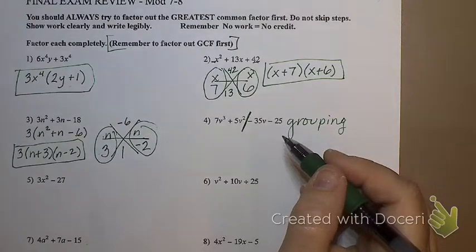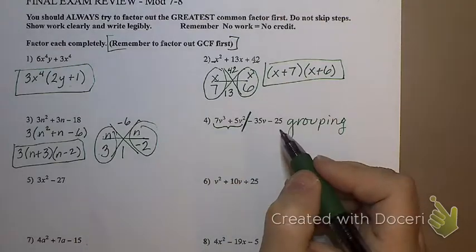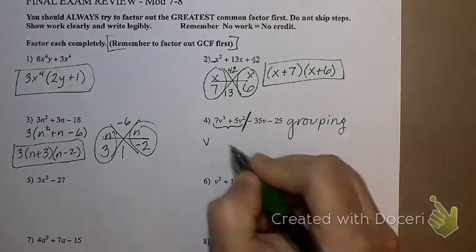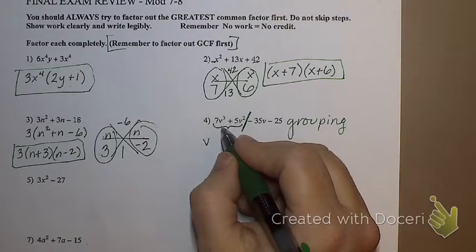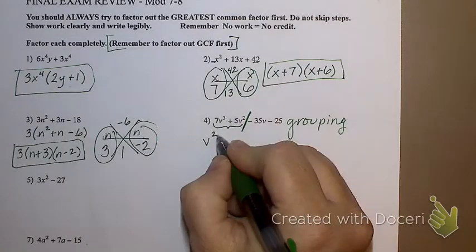Does that sound familiar? And then I look at the first two terms and say, what do those two have in common? Well, I could take out not just a v, but what? V squared. And what would be left inside?